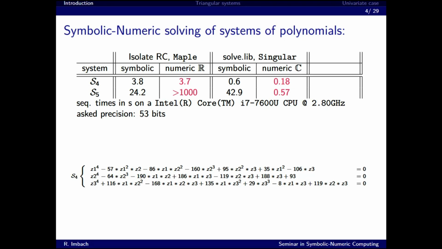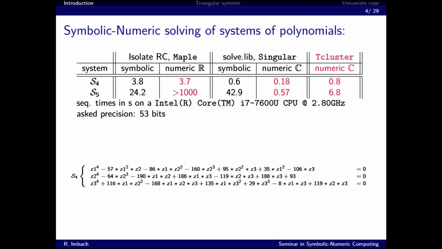But in any case, we can also use the solve.lib library from Singular. So here the symbolic step is performed by computing Grobner bases. And then there is a solver that finds all the complex solutions, so it's very fast, but there is no guarantee on the precision of the output.